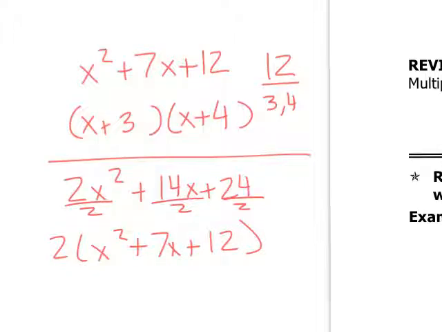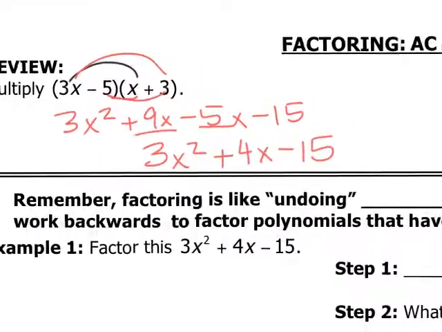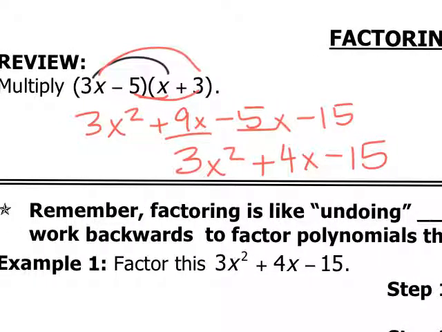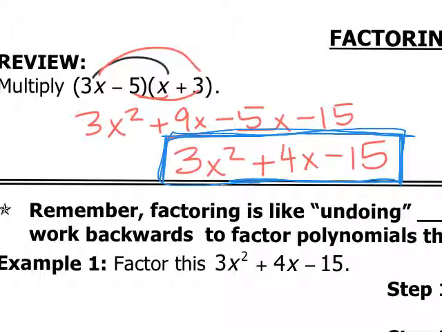But we haven't looked at any problems in particular where we can't get rid of the number out front, like this one. Remember, we are thinking about working backward today. If I start with a problem like this, there is no GCF that's going to get rid of the 3 in front of that x squared, right?